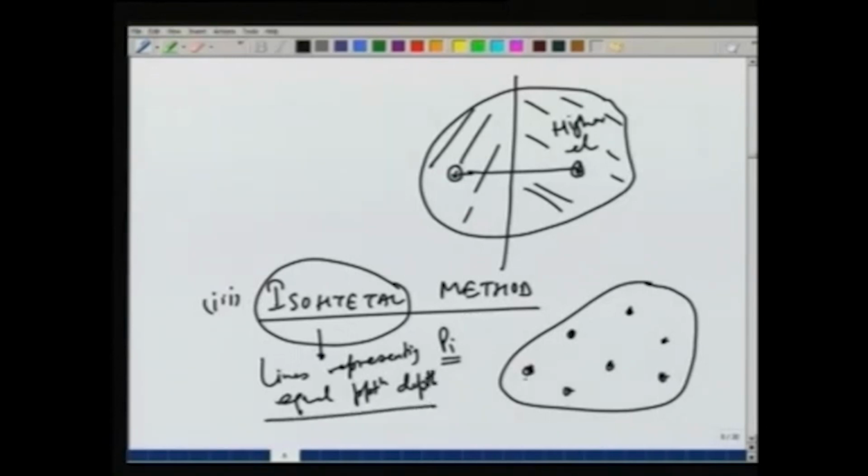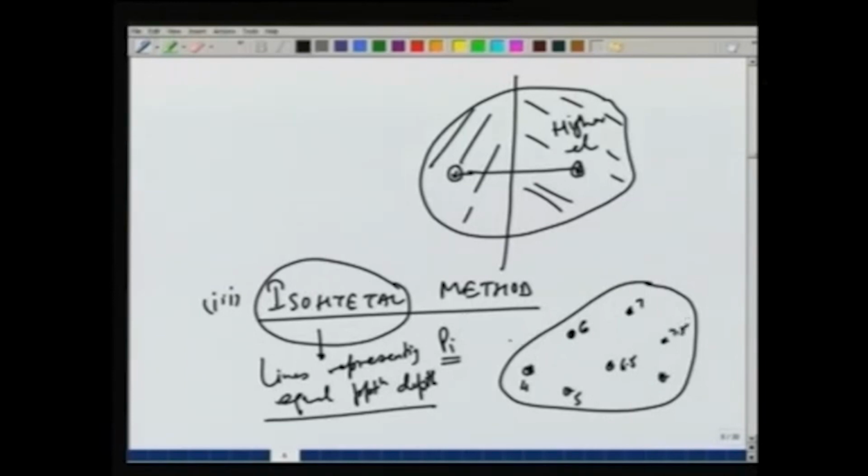So, for example, if this is showing let us say 4 centimeters or 4 millimeters, this is showing 6, this is showing 5, this may be 6.5, 7, 7.5 and so on.